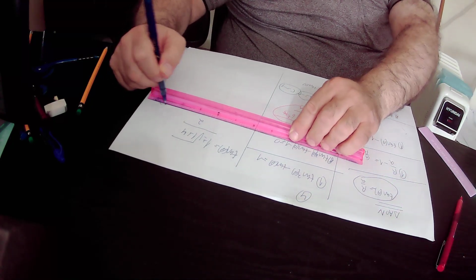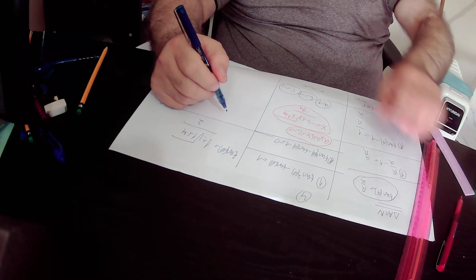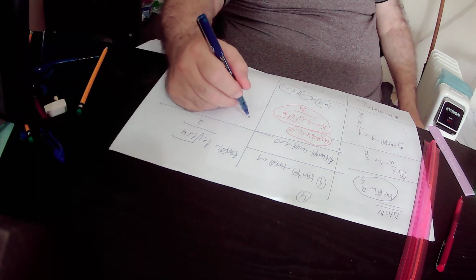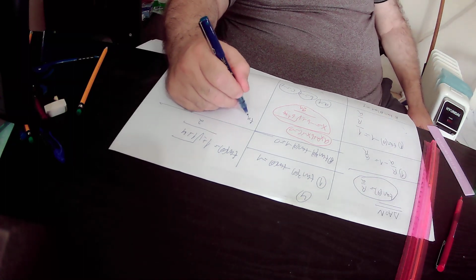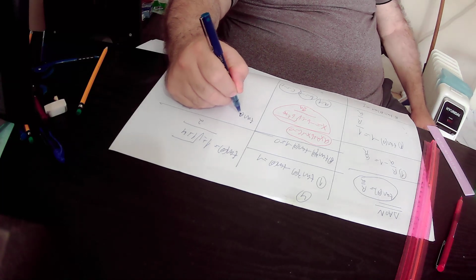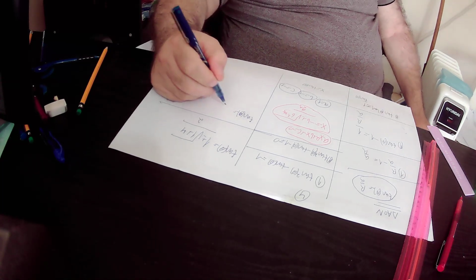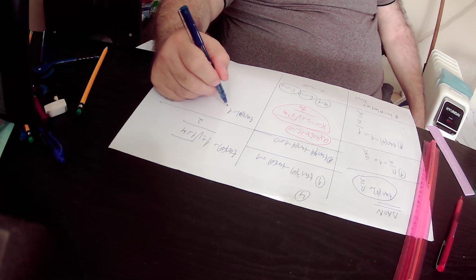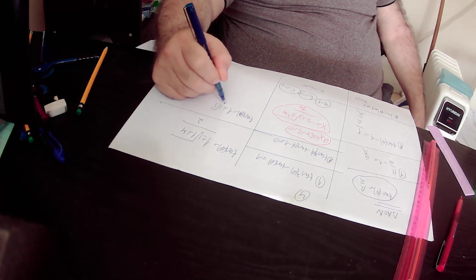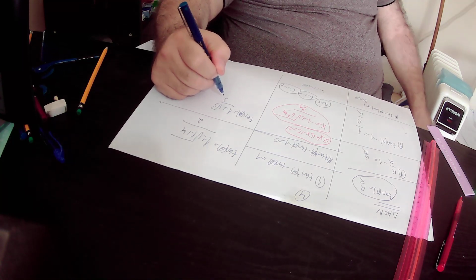So here we have two solutions that are possible for tangent theta. The first solution is tangent theta equals 1 plus square root of 5 over 2.